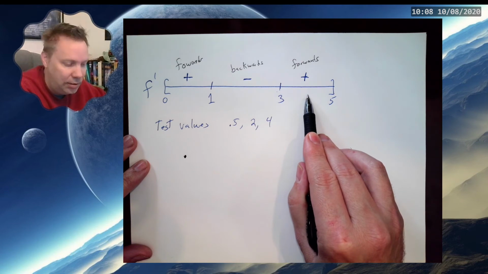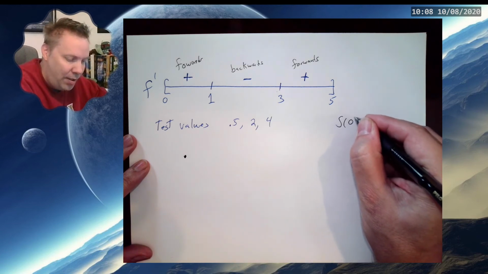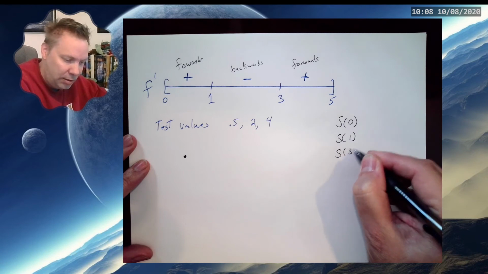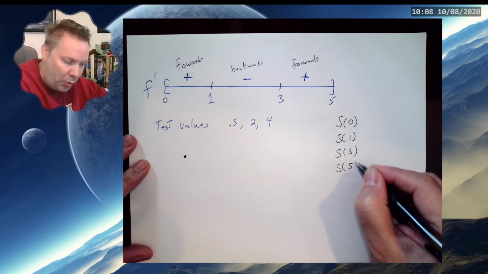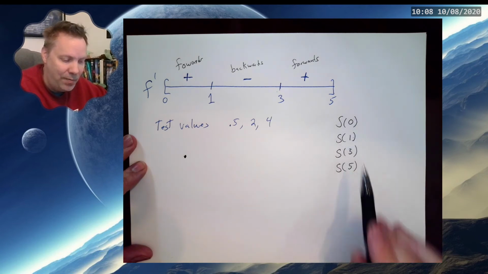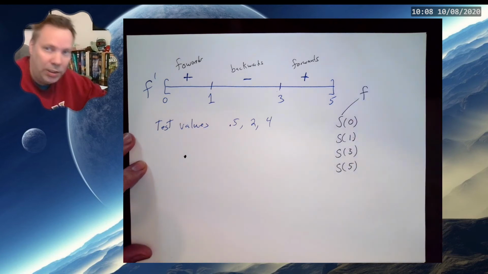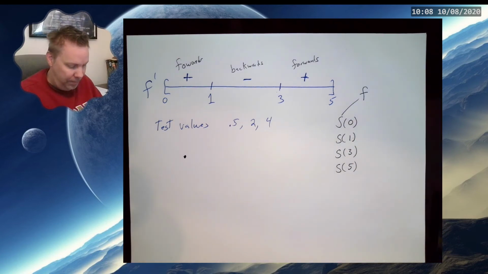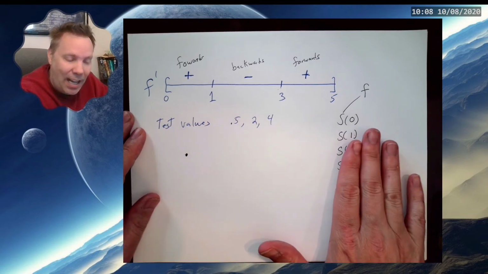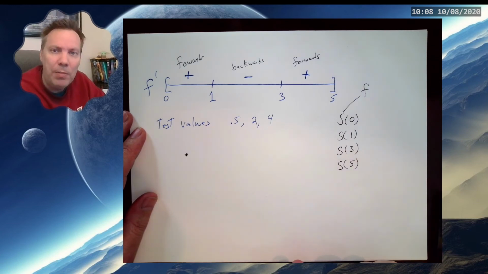And then again, it changes direction after 3 seconds. So what I would like to do is figure out the actual positions at these very important points: S of 0, S of 1, S of 3, S of 5. Remember, I am calling this function f. So before I draw a picture, let's just do a little bit more in terms of figuring out positions.